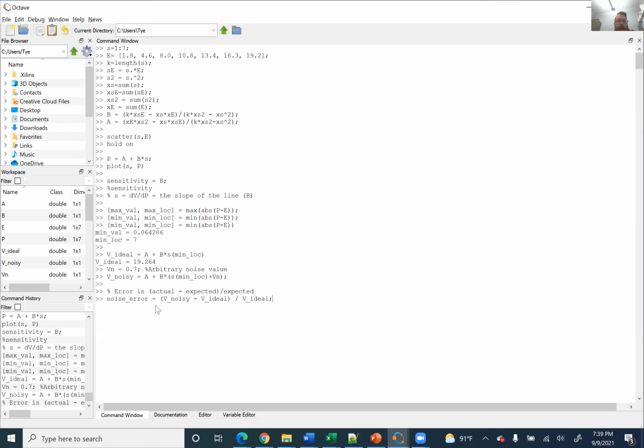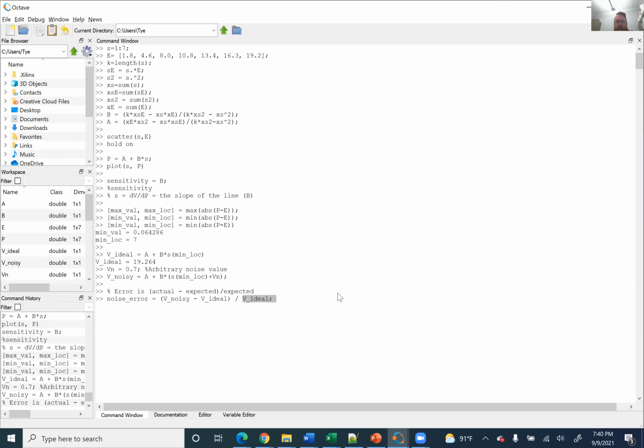There we go. So the noise error, and I keep messing this up in class because I'm really scatterbrained this semester apparently, but what you want to do is subtract the difference between the measured and the expected divided by the expected, because we're always going to do it proportional to what we expect, which makes more sense.